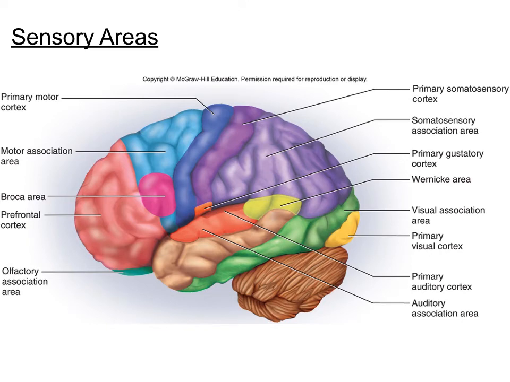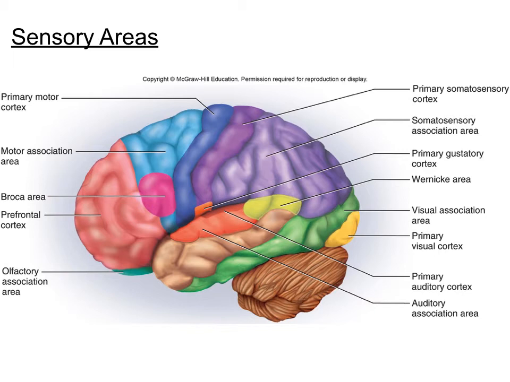So let's talk about your sensory areas. The first one I want to mention is your primary somatosensory cortex. Now, do you remember when I talked about the central sulcus? I said the central sulcus is located as the boundary between frontal and parietal lobes.